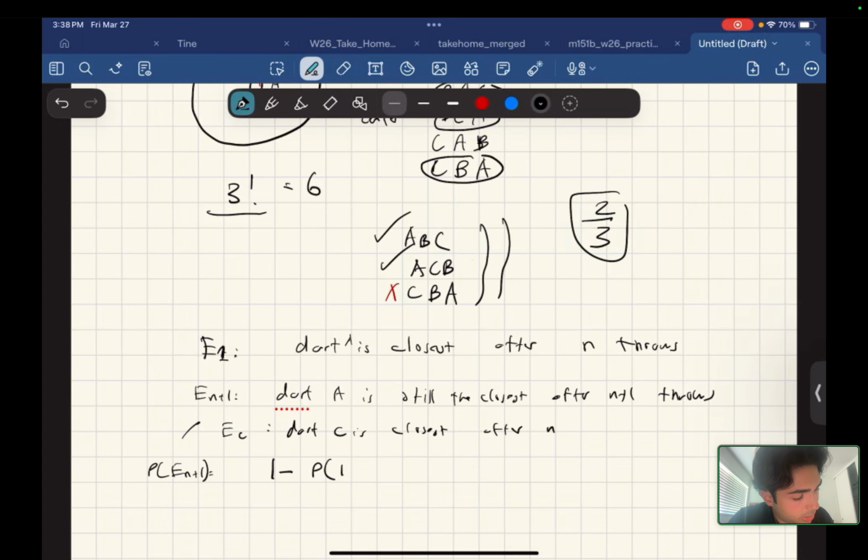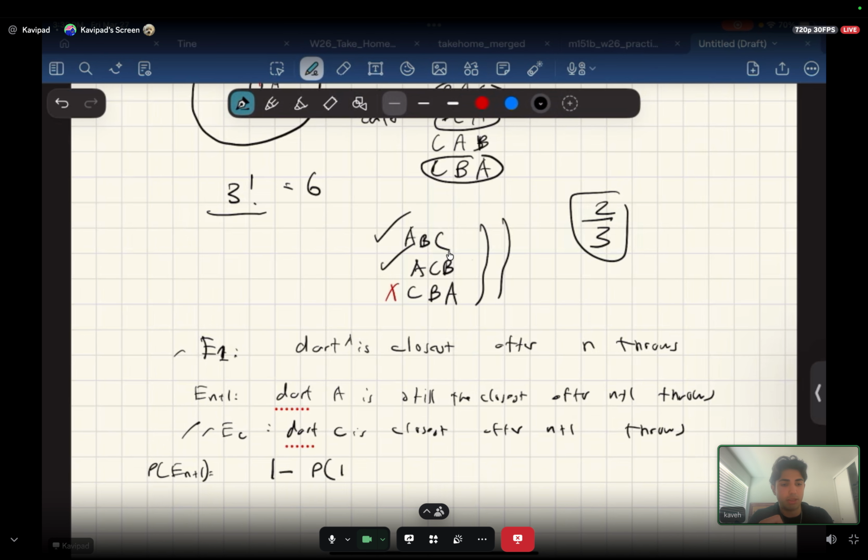after n+1 throws. And these events are independent, event 1 and event C, because if dart A is thrown, and then we have n throws total, and A is the closest dart in the n throws, C can also be true. A can be the closest dart in the first n throws, and C can be the closest dart in the n+1 throw.